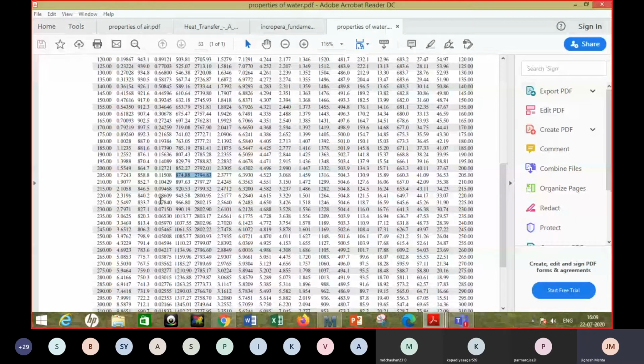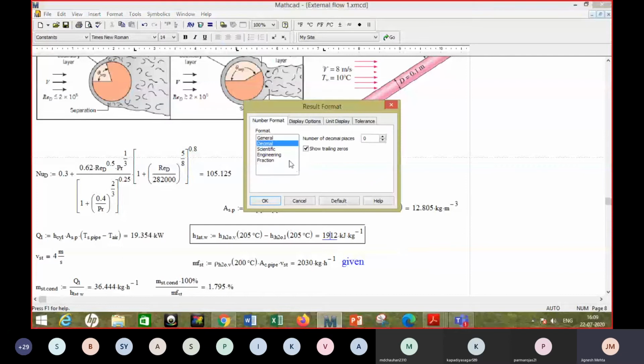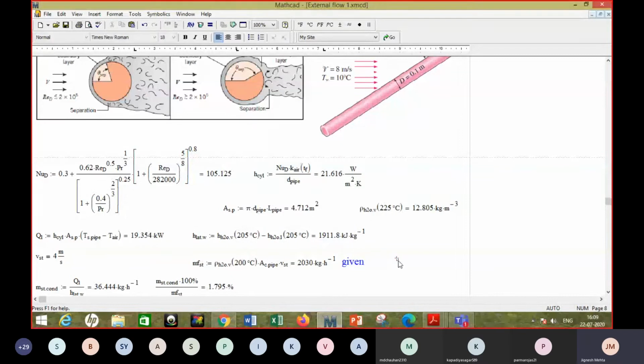Could be somewhere around 1900. Right? So let's see what you get here. Yes, 1912 kilojoule per kg is the latent heat of vaporization at 205 degrees Celsius. As I told, the value that you get from steam table may not be perfectly same as what you got here. There could be a minor difference, but that will hardly affect the result. Okay.